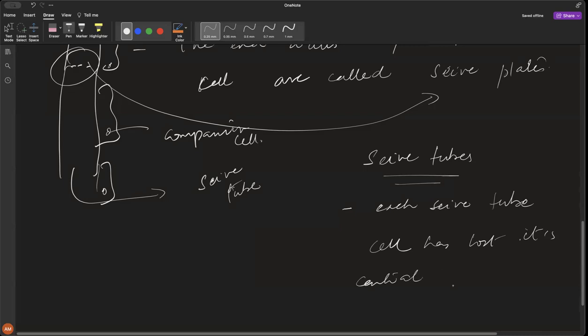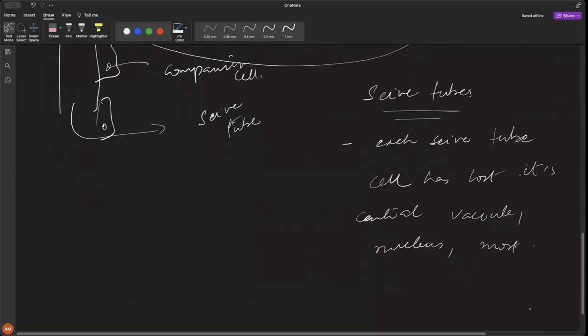This is a very important point. It has lost the nucleus and most of the organelles.